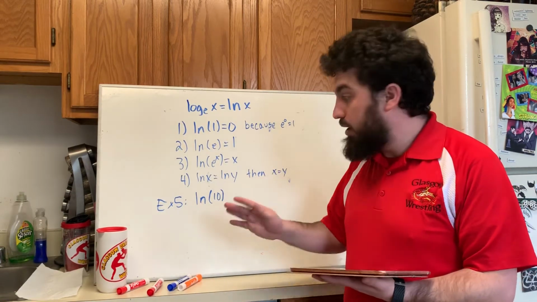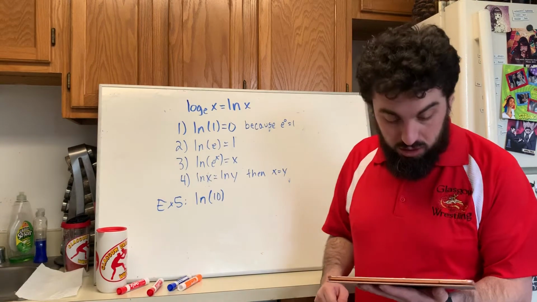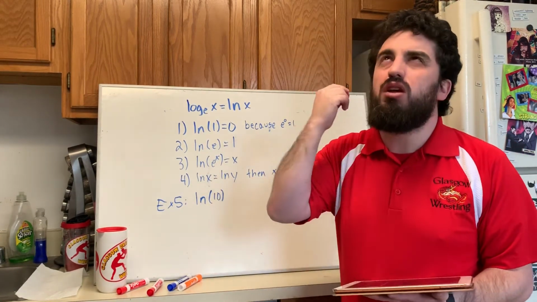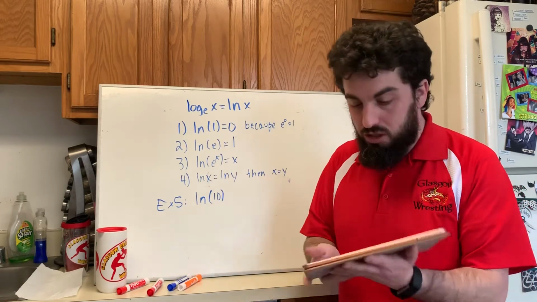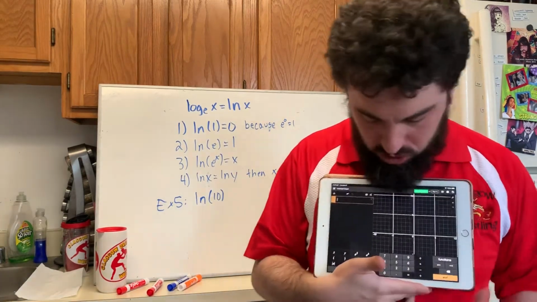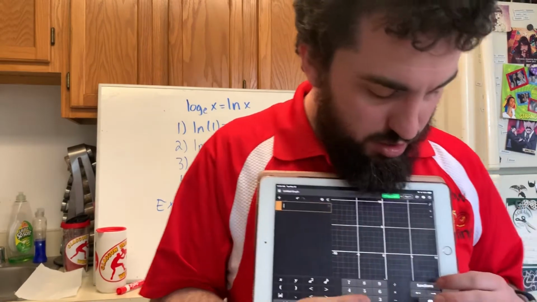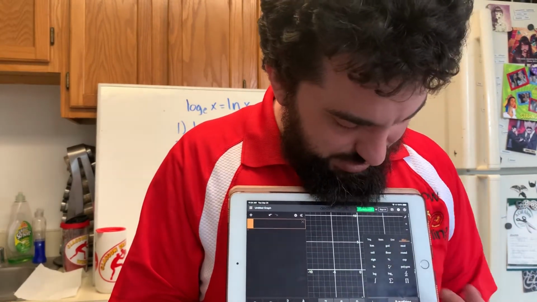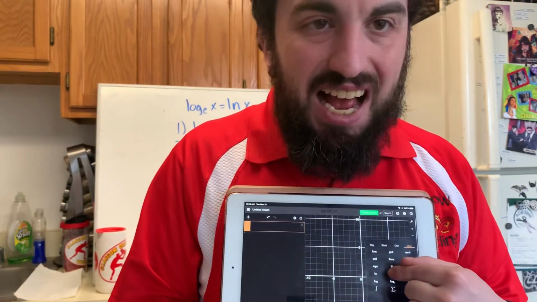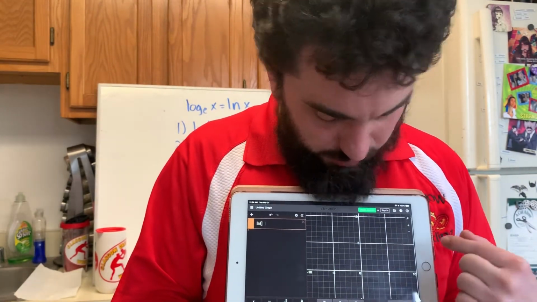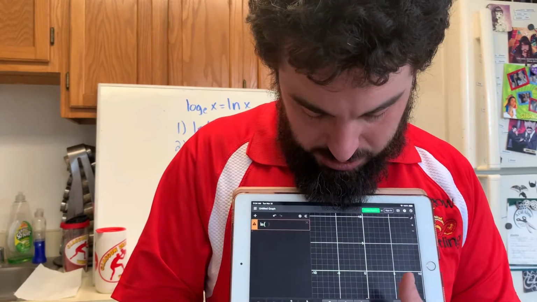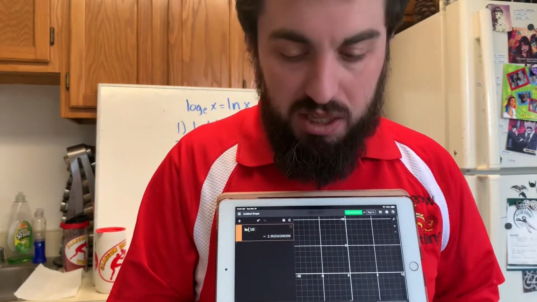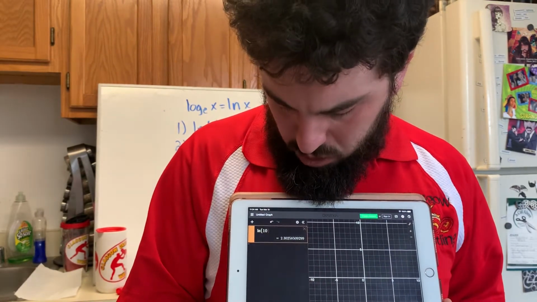No. But that's why we have our calculators. Since natural log is such an incredibly common function, in my Desmos calculator I go to functions, and under miscellaneous we will see ln listed here. So all I have to do is ln of 10. And there we go, it gives me the answer.